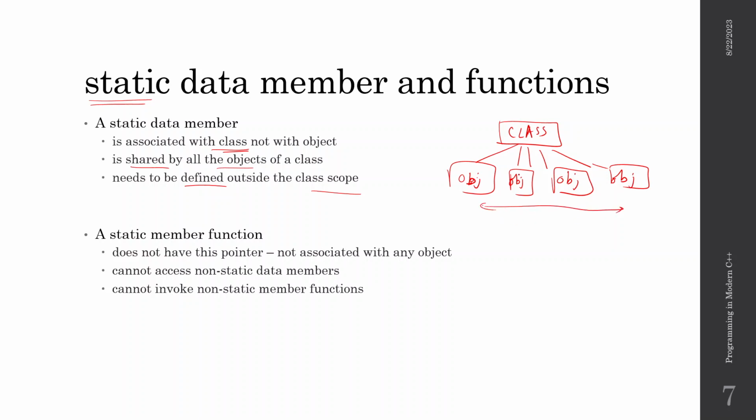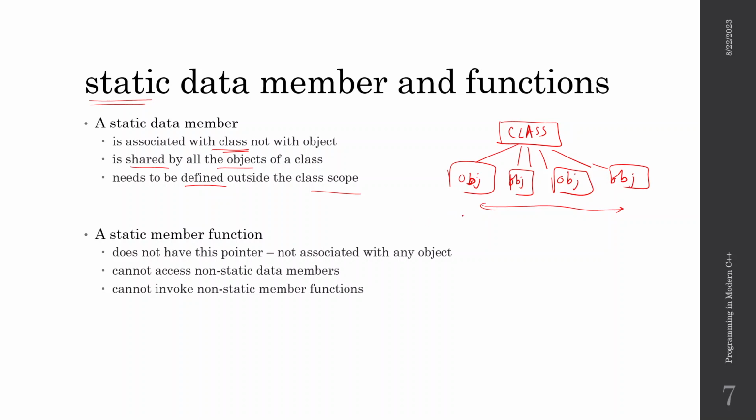All of the objects will have one common instance of the member, and each of the objects can modify that same thing. Therefore the static member is associated with the class and not any specific object.